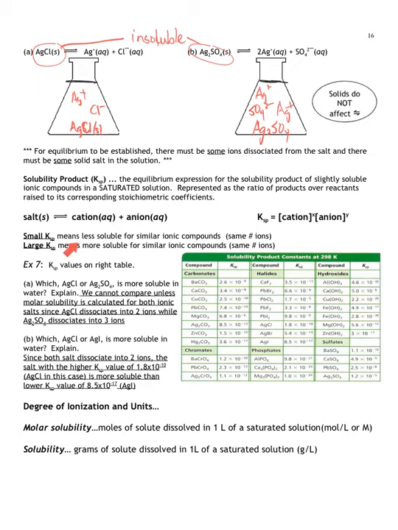If you have a small Ksp value, it means the salt is less soluble for that similar ionic compound. We're really comparing when they have the same number of dissociated ions. If you have a large Ksp value, it means that salt is more soluble for a similar ionic compound with the same number of ions. Let's take a look at the table on the right.